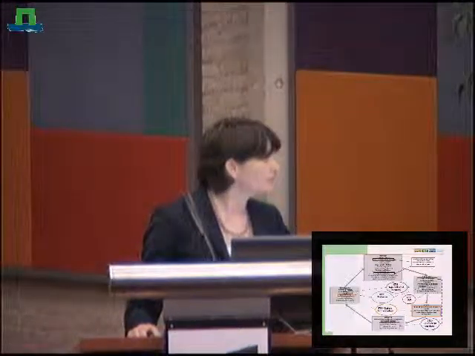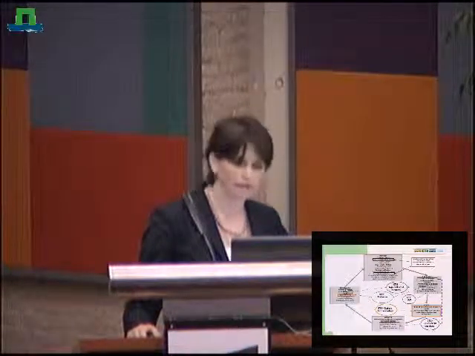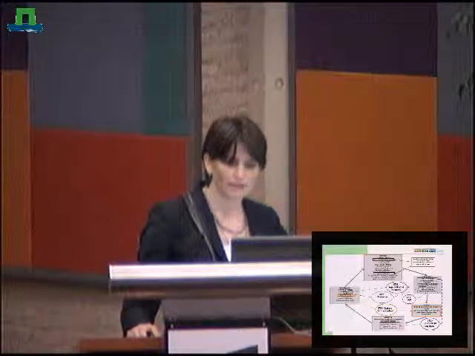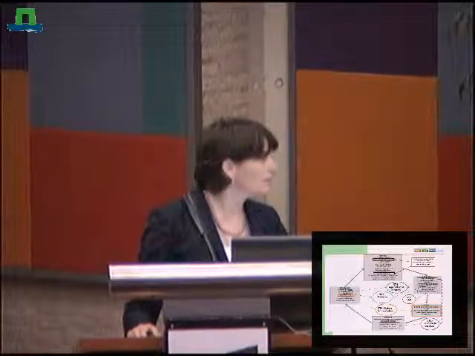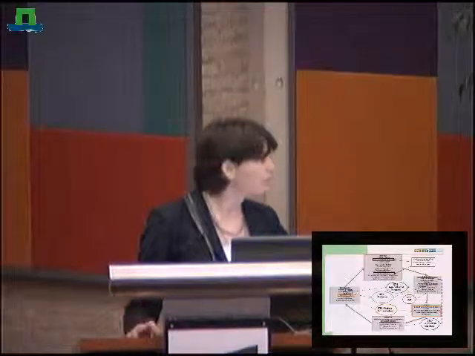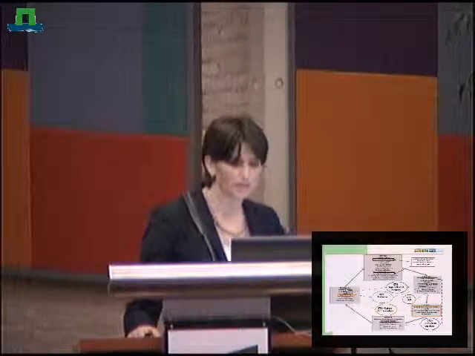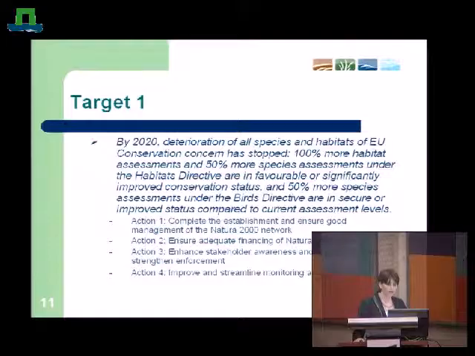So this is all about changing existing legislation to integrate biodiversity concerns. But there were two main gaps that we identified. The first one was invasive alien species, and the second one was that there was no specific policy focusing on ecosystem services. And so the second target in the strategy is devoted to that.